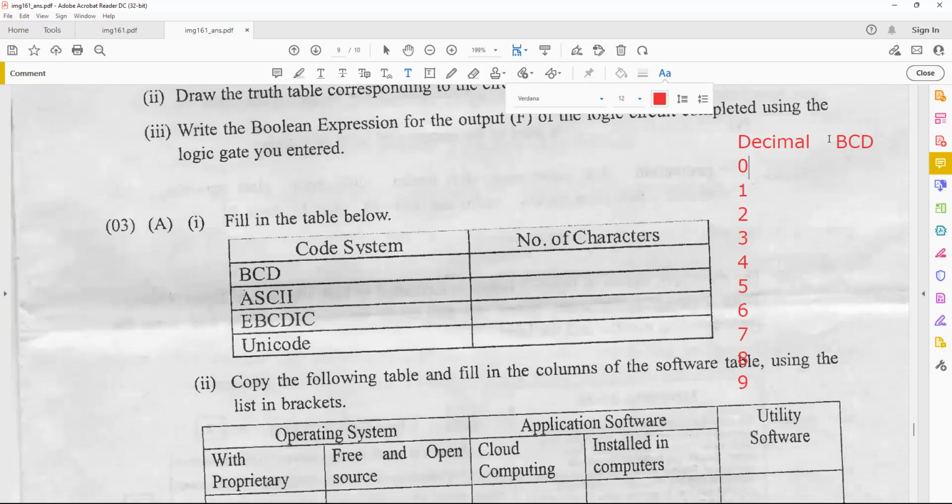How many bits have we used in BCD? Do you remember how many bits we were supposed to use in the coding system? We are using 4 bits, right?